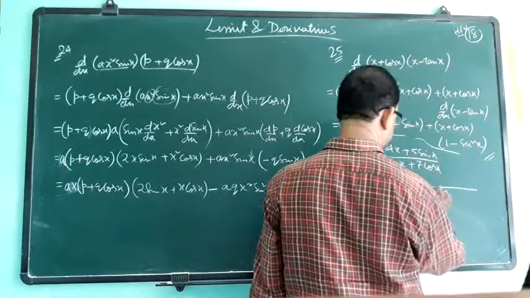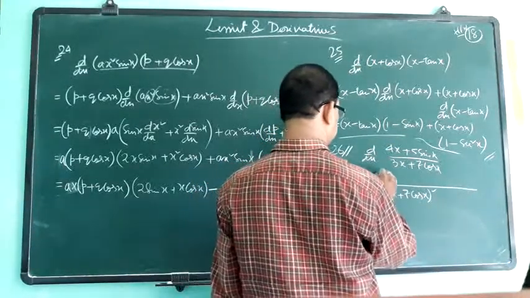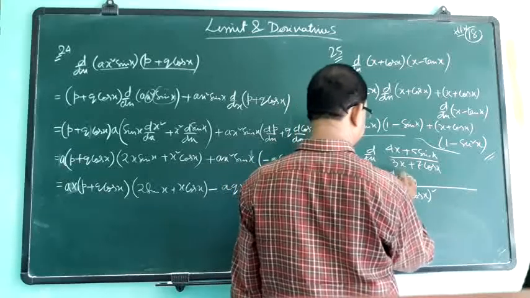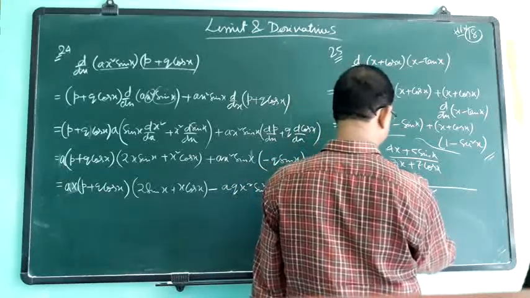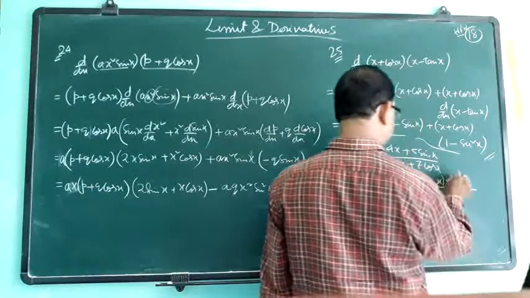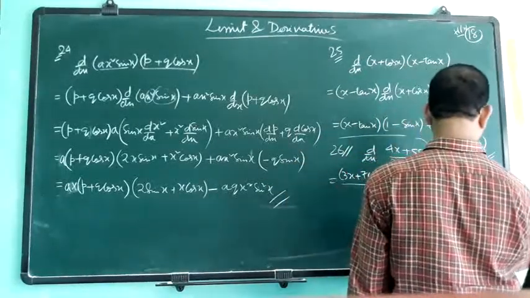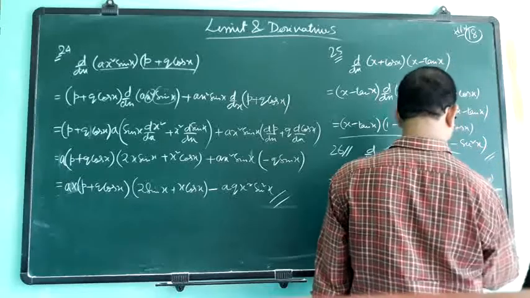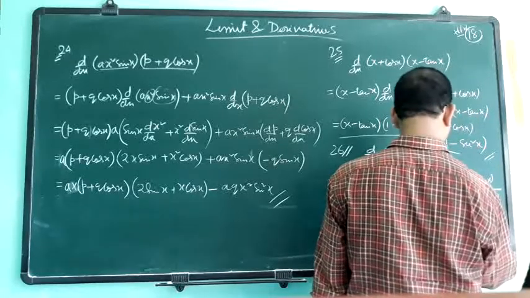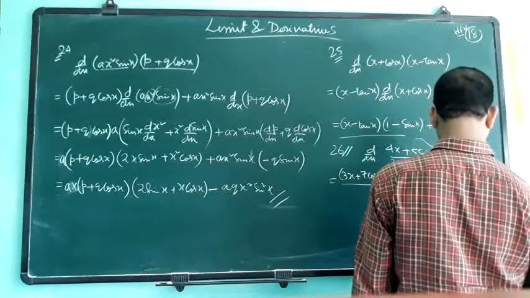So v square, keep v, then differentiate u, then keep u, 4x plus 5 sin x, and differentiate d dx of 3x plus 7 cos x.